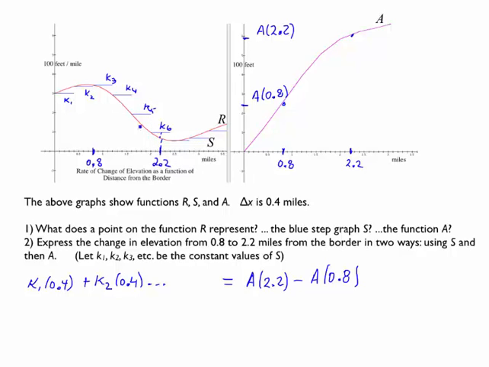So we can do that for 5 whole intervals, and then we'll need k6 times a partial interval, half of a delta x. This is the idea of how accumulation happens: bit by bit by bit. We've got all these whole intervals where we're summing up the bits of elevation, and then a partial interval.